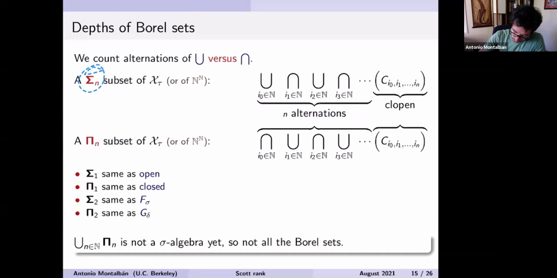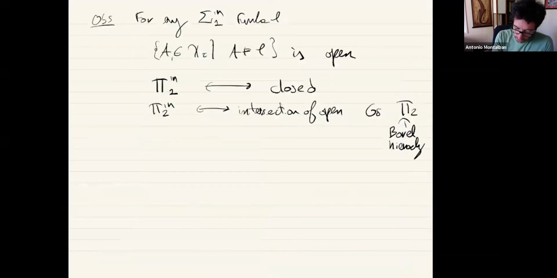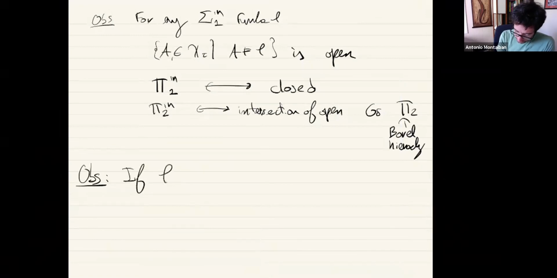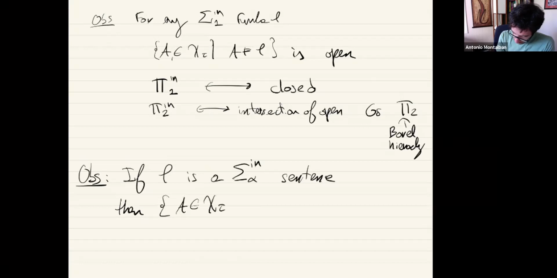So I guess the observation is that if phi is an infinitary sigma alpha sentence, then the set of all A's in K tau such that A models phi is boldface sigma alpha in the Borel hierarchy.